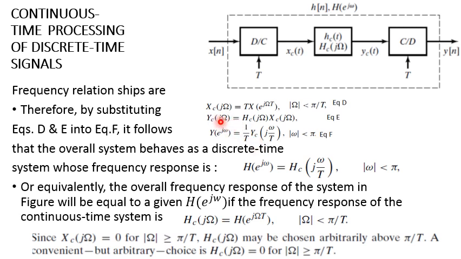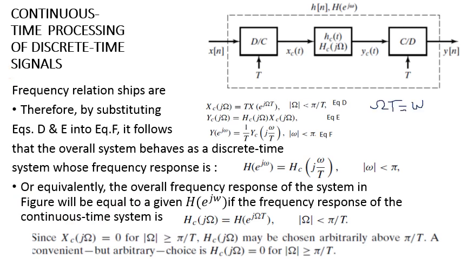because of the relationship between the capital omega and the small omega: small omega is the discrete time signal frequency, capital omega is the continuous time signal frequency. Let me write the expression here.